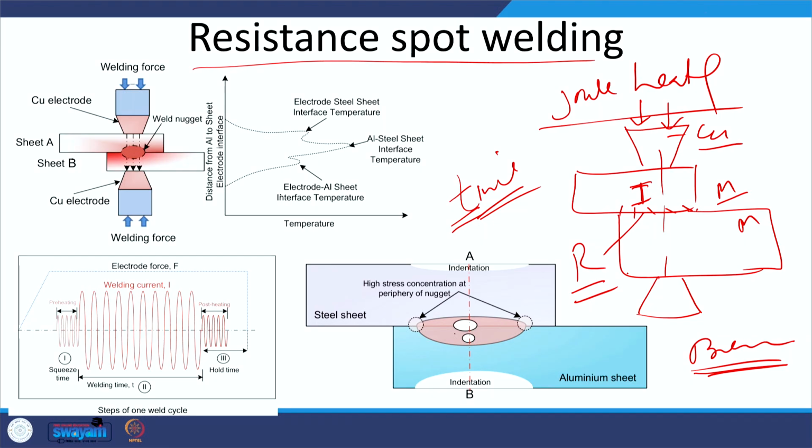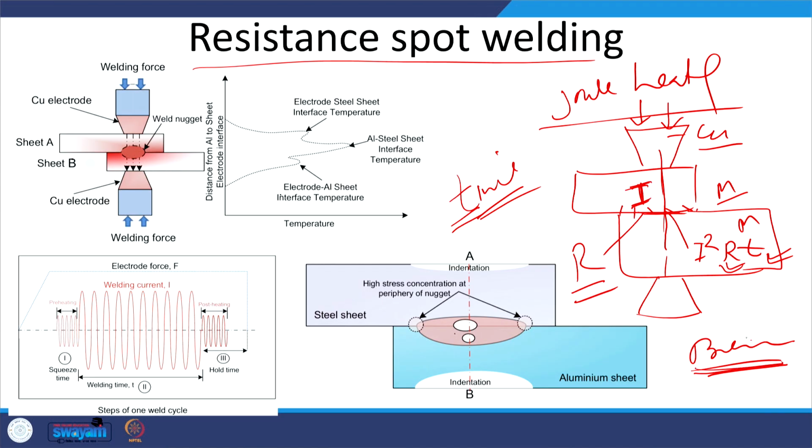Okay. So, what happens when current is supplied across the interface? Say current I is flowing across the interface, so it will cause I squared R T heating. T is the time for which current is allowed to flow, R is the contact resistance at the interface, and I is the controlled current that is allowed to flow. Current is fed through the electrodes to the components which are to be joined.